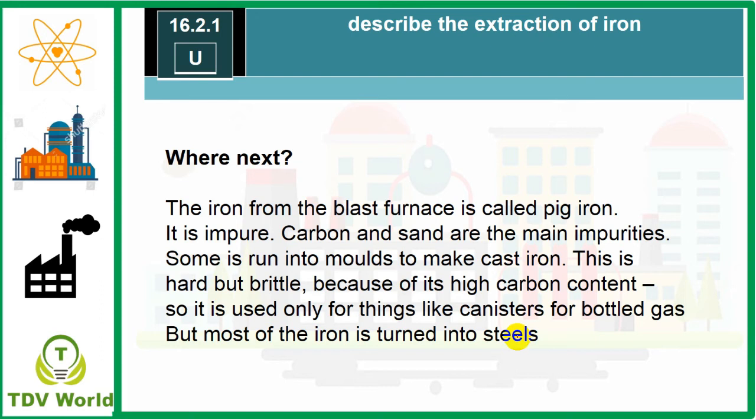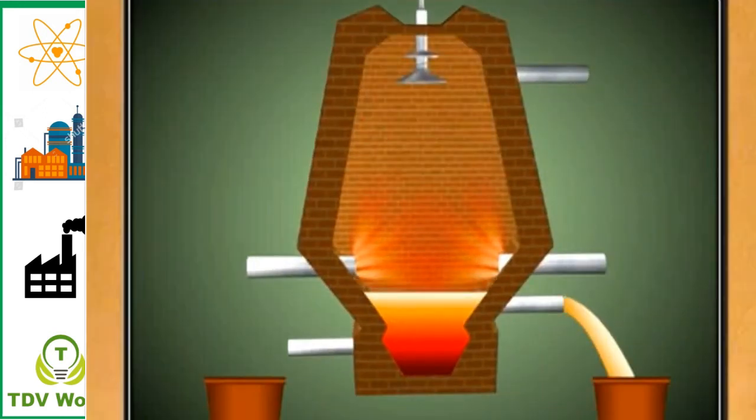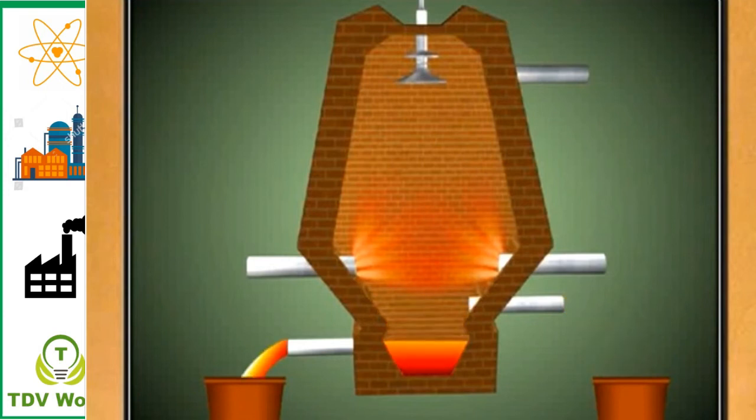Okay, leave it. So you should know the name, that is pig iron, that is formed in the blast furnace. You will take this iron out from the blast furnace, from the bottom. From the bottom you will take out slag and pig iron both, but from different points.